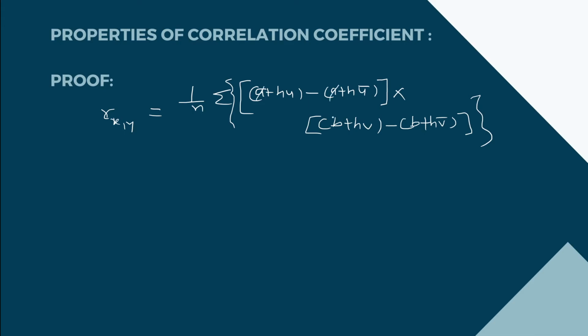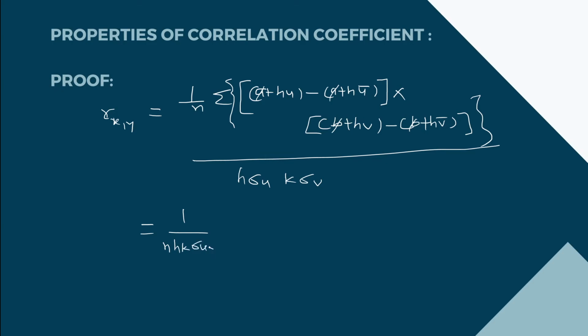A and A get cancelled. Similarly, b and b get cancelled. The whole thing is divided by h sigma u k sigma v. We get 1 upon n h k sigma u sigma v summation (hu minus h u bar) into (kv minus k v bar).